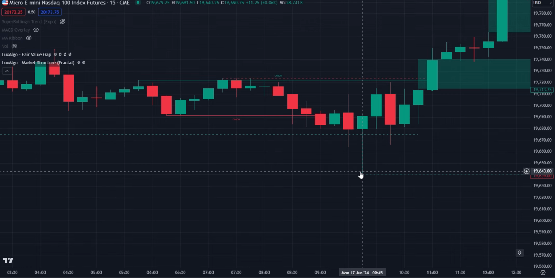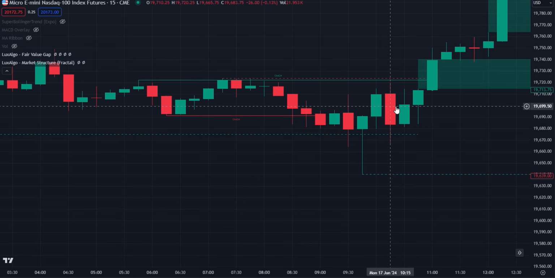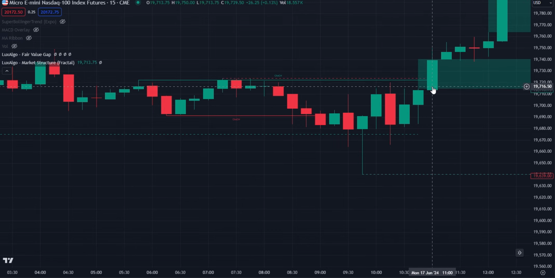And this was a downward, bearish liquidity sweep. So we would see that in the next couple bars it should start to move up, and it did.